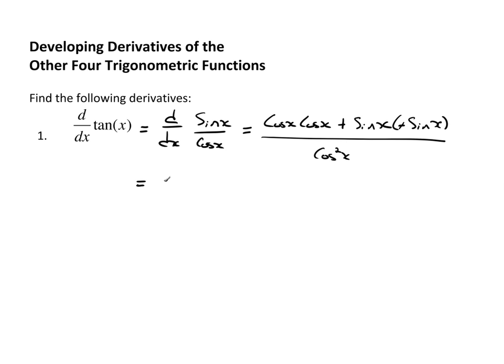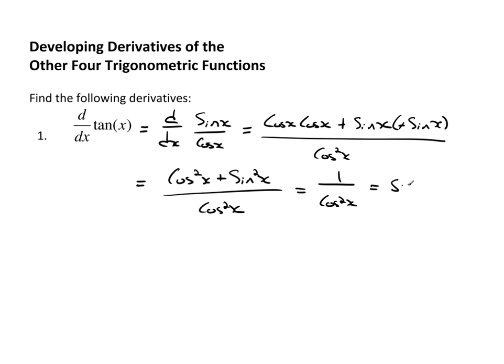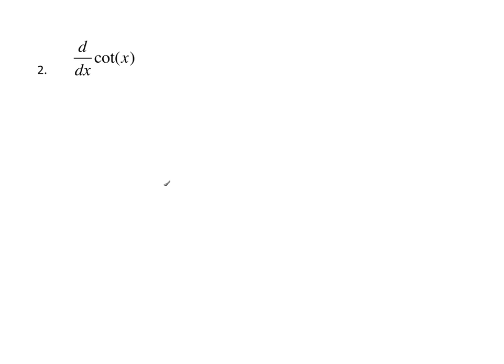Well, this is equal to cosine squared of x plus sine squared of x over cosine squared of x. Well, sine squared plus cosine squared is 1, so this is just 1 over cosine squared of x. That is actually equal to secant squared of x. So the derivative of tangent is secant squared.